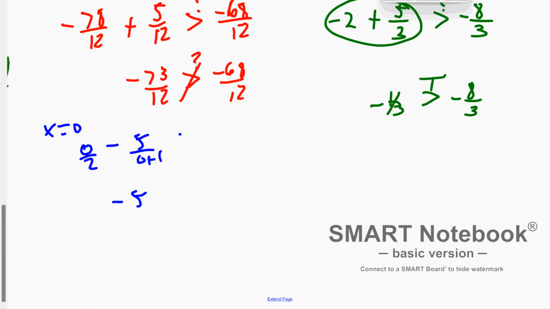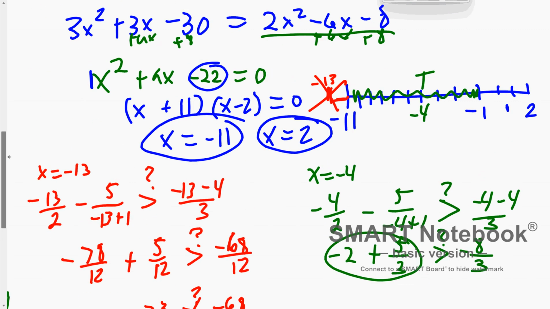And is that greater than 0 minus 4 over 3, which is -4/3? Is -5 greater than -4/3? Nope, because that's a bigger negative, right? So that is not true. So that doesn't work. So now looking at our number line, this is not true.